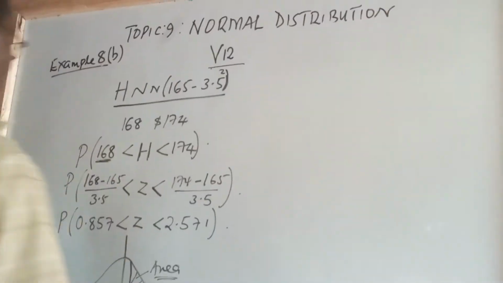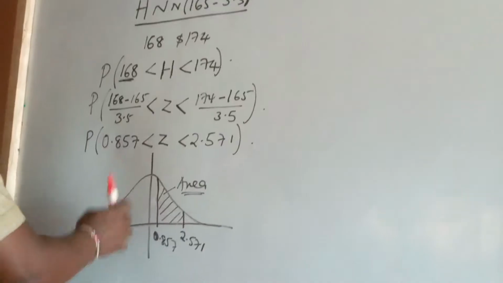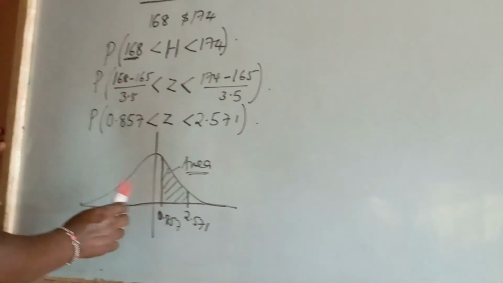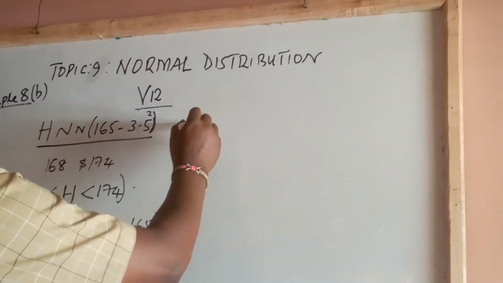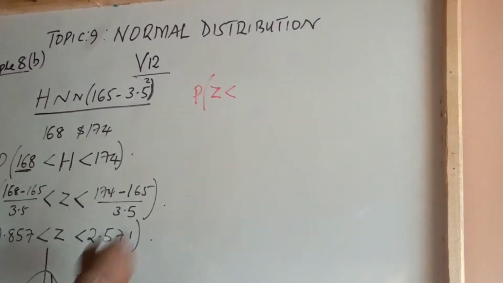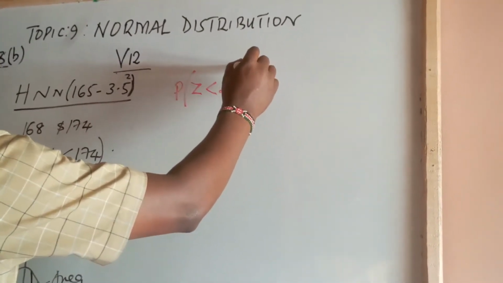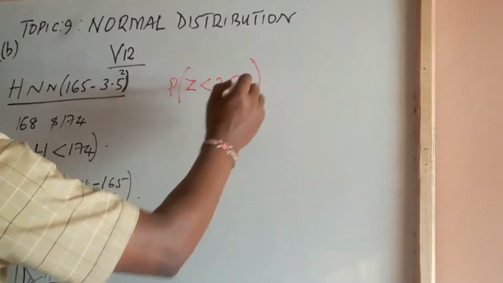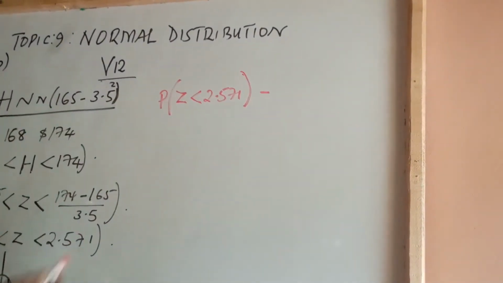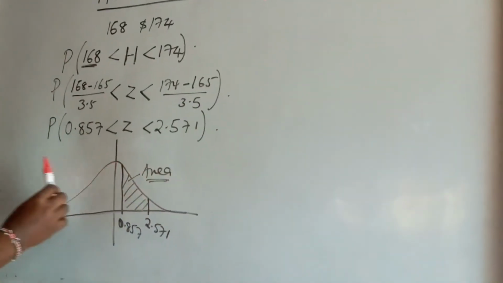If you want to work with a model, we can talk about the probability of Z less than 2.571 minus the probability of Z less than 0.857. The first gives the area from this particular point to the left.